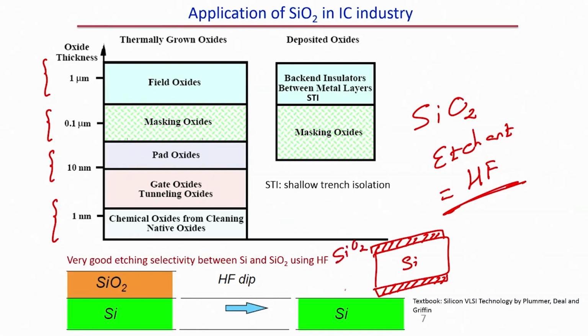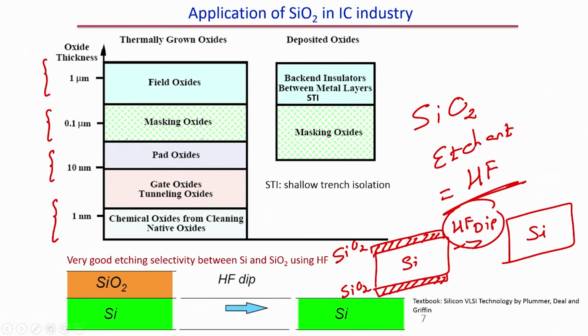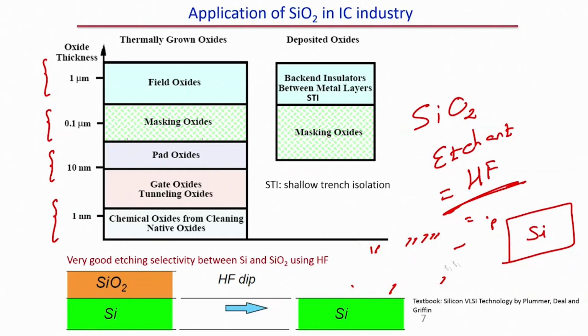Silicon, SiO2, HF dip, what will you get? You will get silicon, right. So, HF, which is hydrofluoric acid, is the etchant for silicon dioxide. You have to remember that whenever we use HF, it is for silicon dioxide.